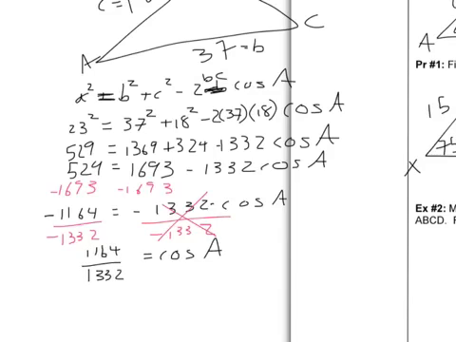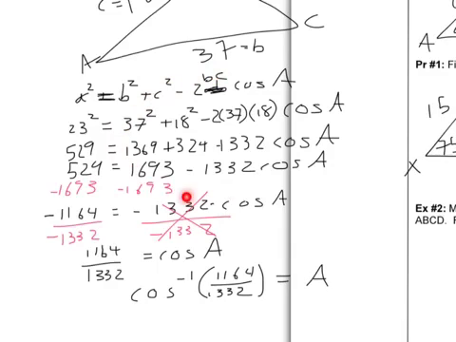To get the A all by itself, we take the arc cosine of both sides, and so finally we end up with this. And now we're ready to plug all that into our calculator. I realize that that's long and a little bit frustrating, but it's not hard math.